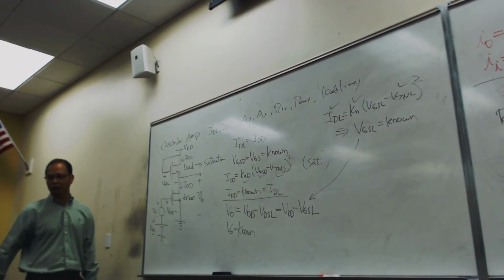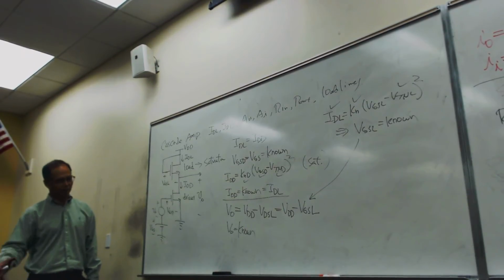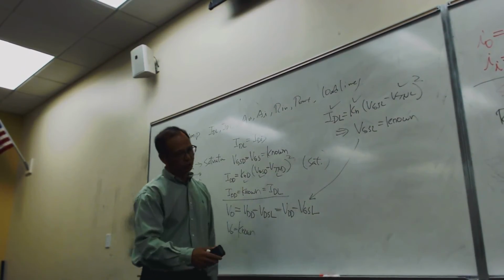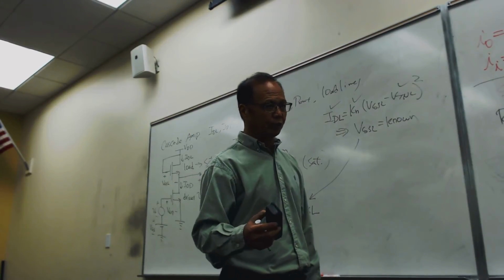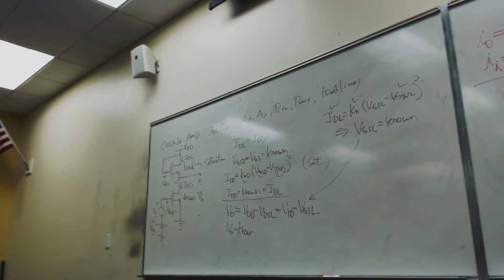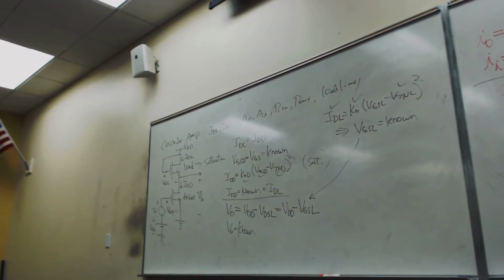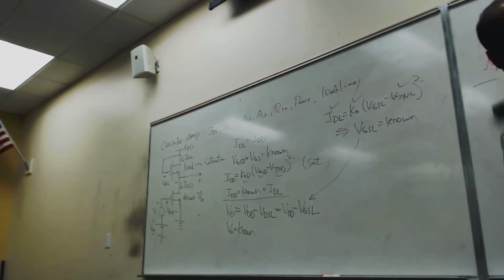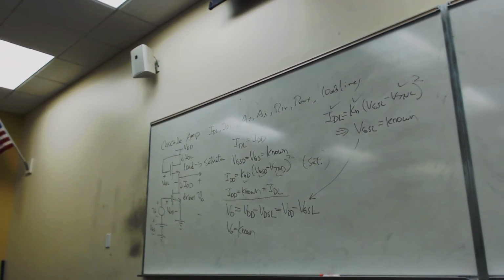Okay, so let's do AC analysis. Let's do AC, which is a lot trickier. So I hope you're not like my son who got scared by all this stuff, huh? You like it?